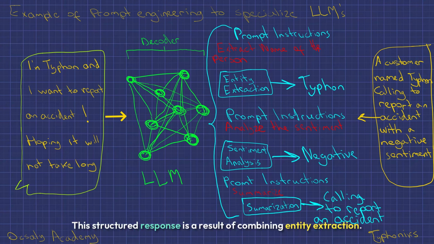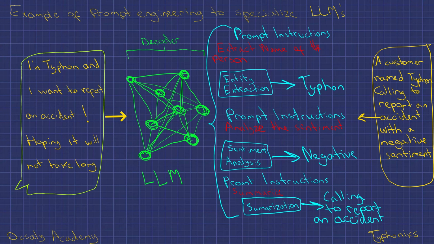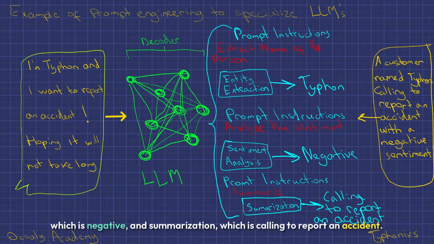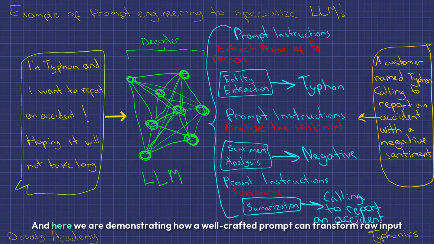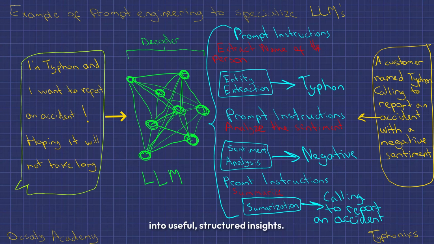This structured response is a result of combining entity extraction at the top here in the prompt instructions, sentiment analysis, which is negative, and summarization, which is calling to report an accident. And here we are demonstrating how a well-crafted prompt can transform raw input into useful, structured insights.